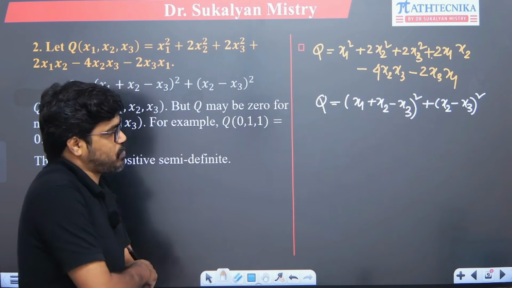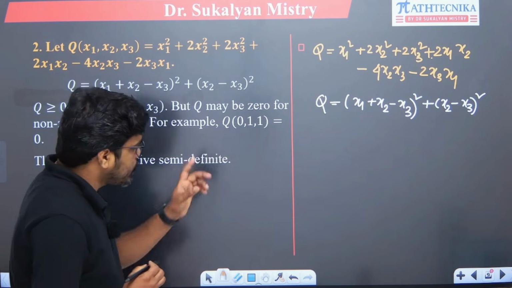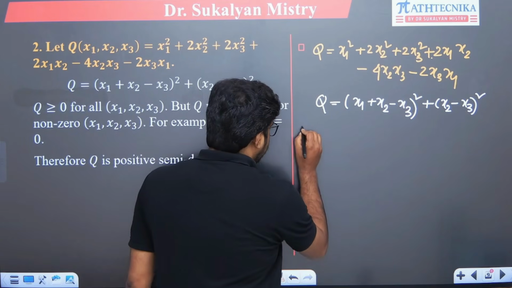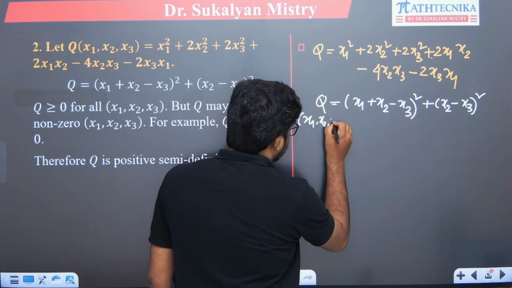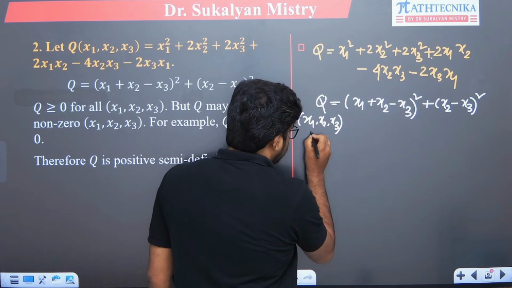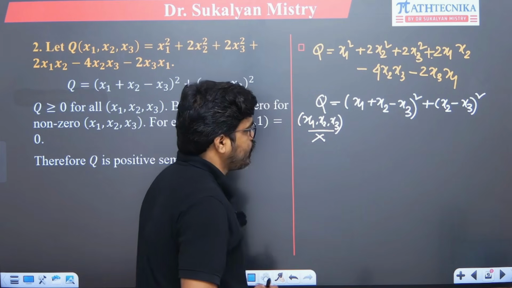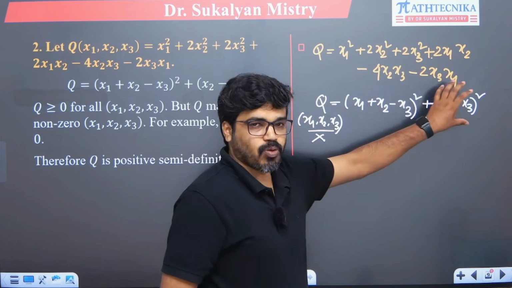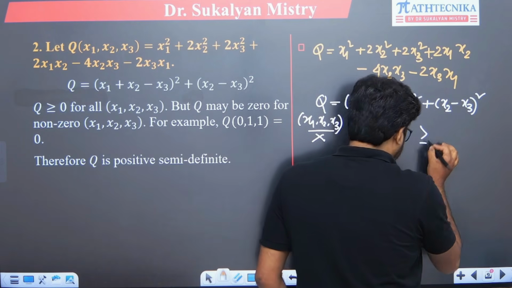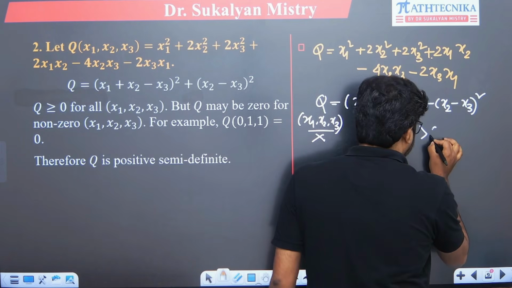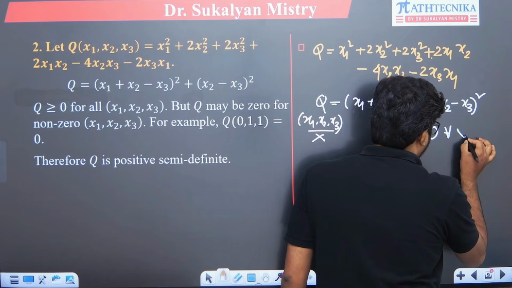Now see this expression very carefully. Basically, what is q? q is a function of x1, x2, x3, so basically this is x. This is a square term, so that is positive always, that is, q is greater than or equal to 0 for all x.